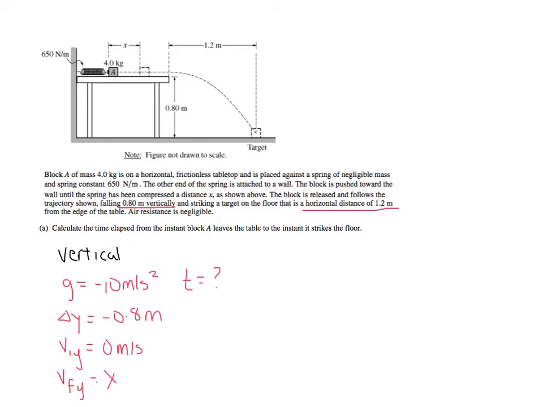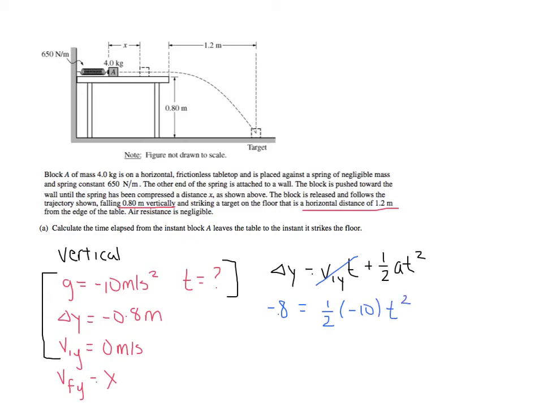For a physics question, you really need to think about what formula has the three things you know and the one thing you're looking for. In this case, you use delta x, or I call it delta y because we're in the y direction, equals v initial in the y direction times time plus 1/2 a t squared. So delta y is negative 0.8 equals, we don't need the initial velocity term because it's 0, 1/2 times negative 10 t squared.